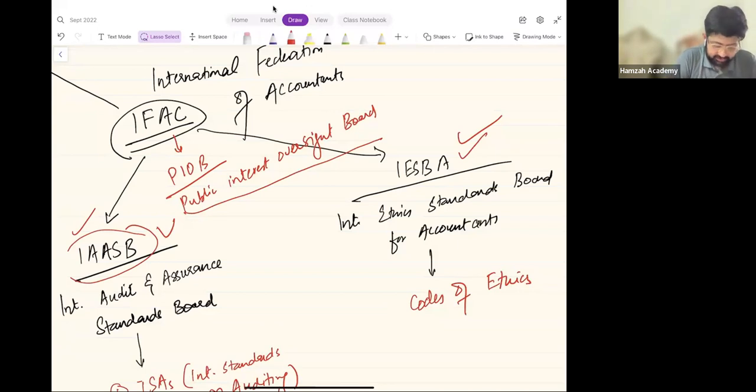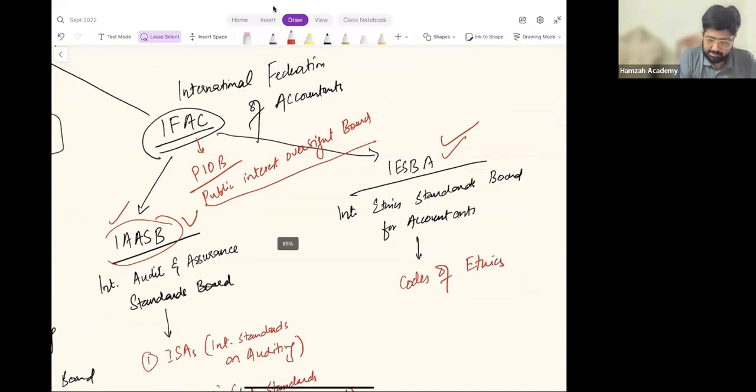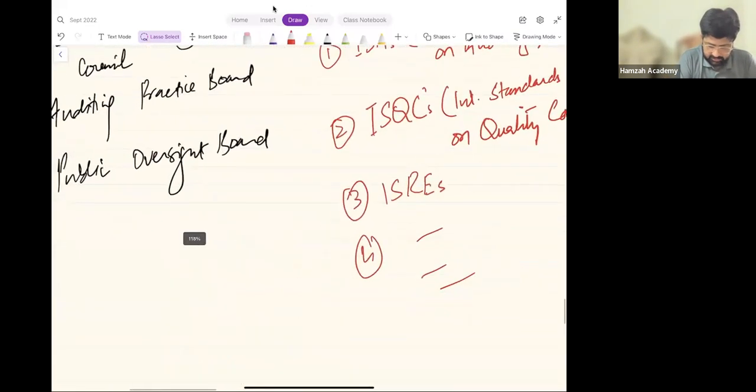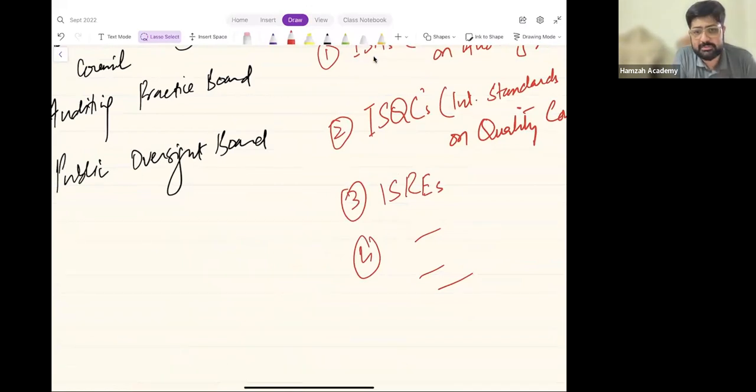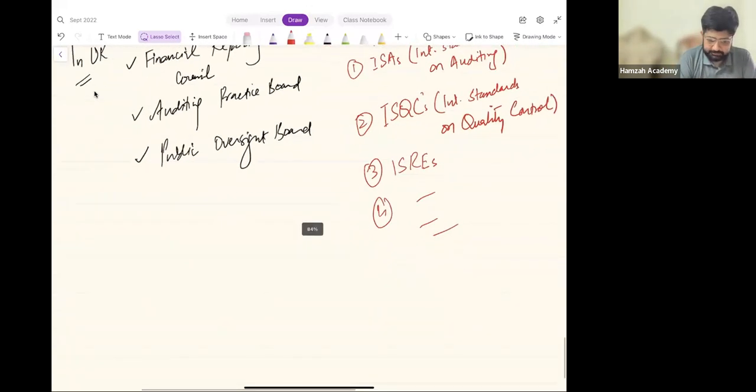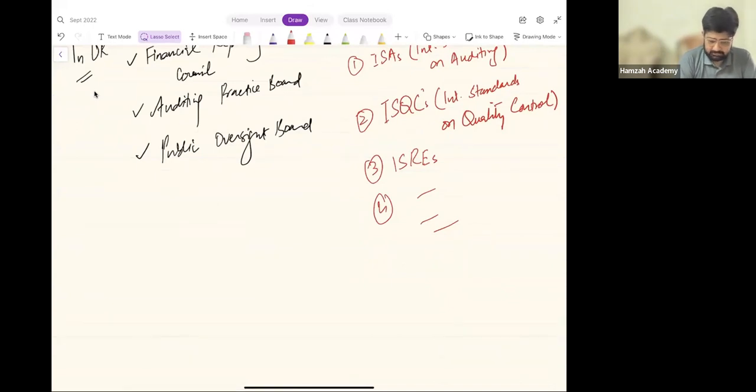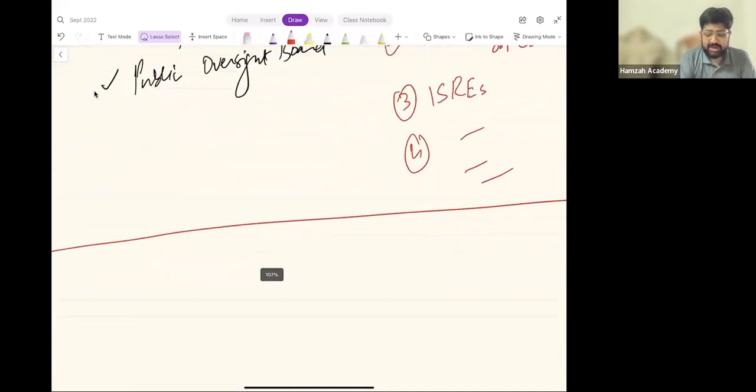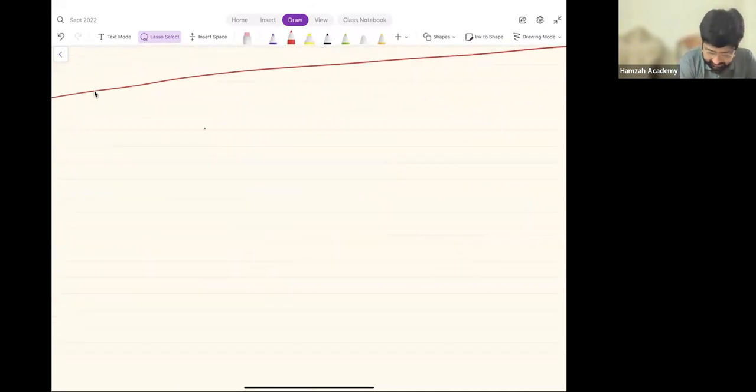Now, next point. Students, regarding the regulation of audits. When we talk about the regulation of audits, let us proceed further. Another legislation related issue is money laundering. Very important.